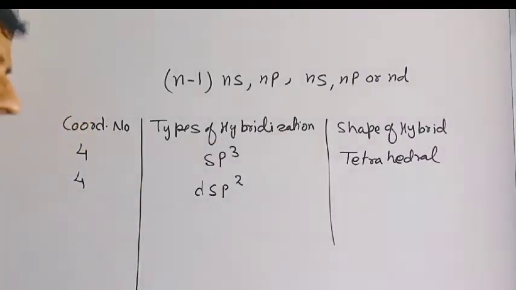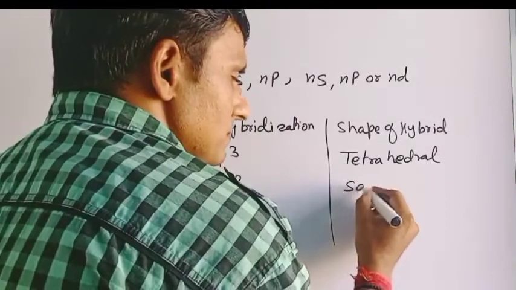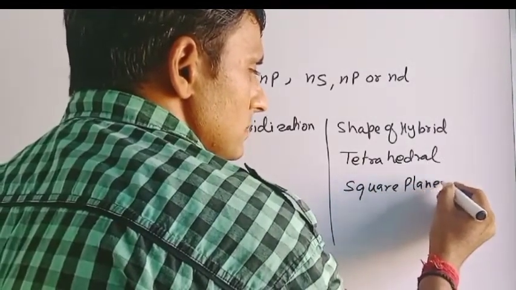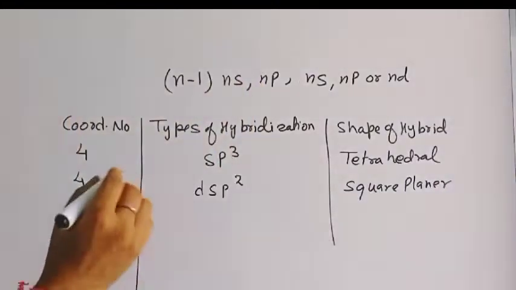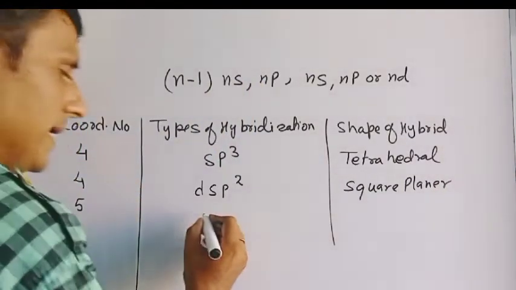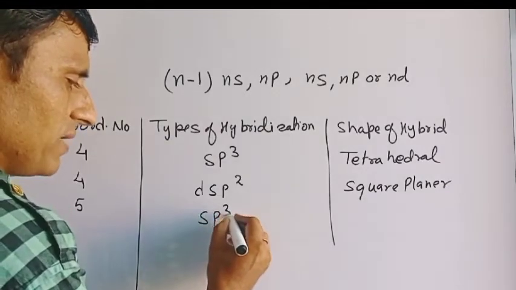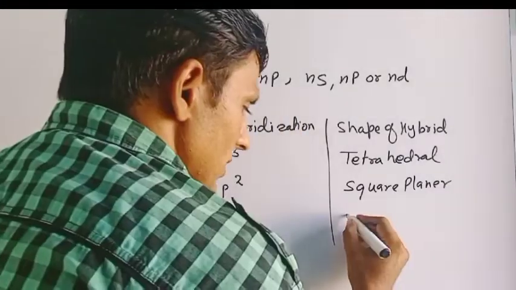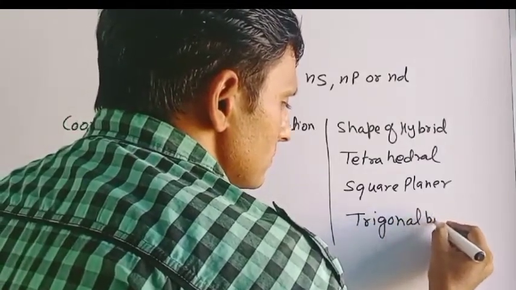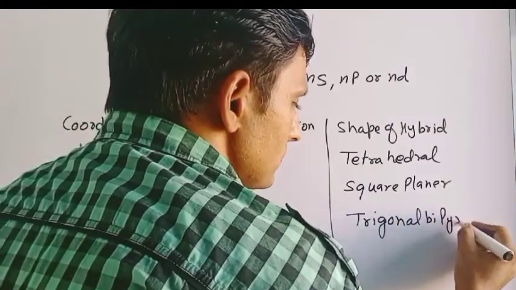So this is square planar. If the coordination number is 5, then it may be sp3d, and the shape is trigonal bipyramidal.